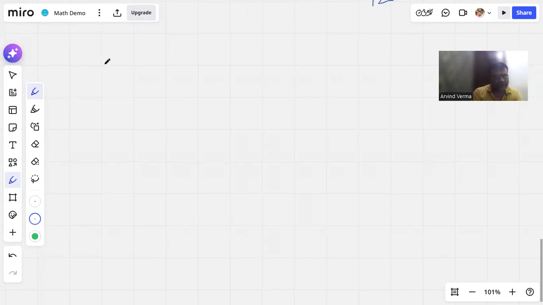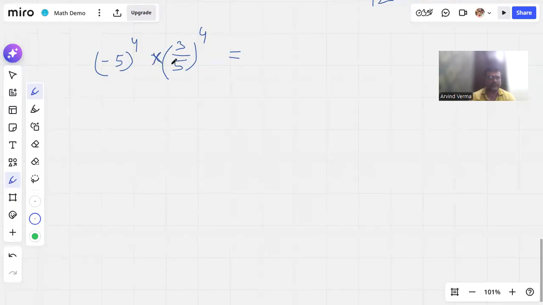Let's solve this: (-5)^4 times (3/5)^4. Look, here is multiplication. Now the bases are not the same. Here the base is minus 5, here the base is 3 upon 5.